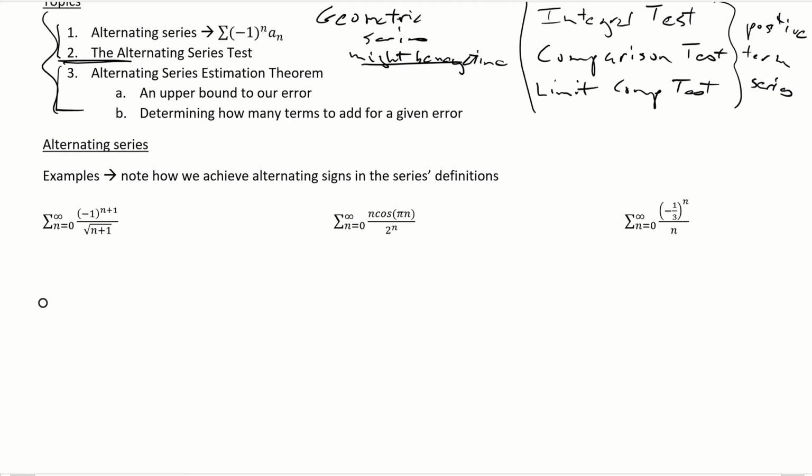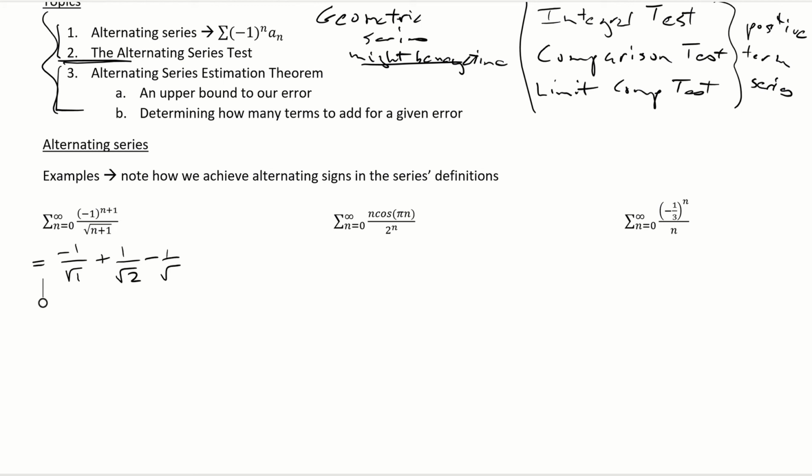Well, all three of these alternate in sign. Let's investigate these. The way you investigate it is you just write out terms. If n is equal to 0, I've got a negative 1 on top, and downstairs I've got the square root of 1. If n is equal to 1, I've got plus 1 over the square root of 2. Oh, I get it.